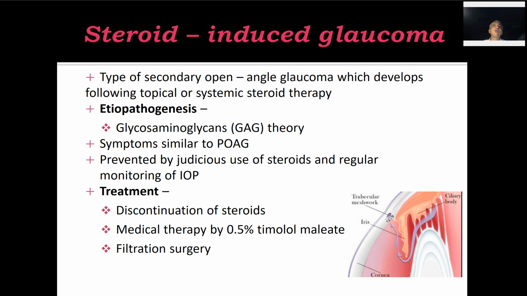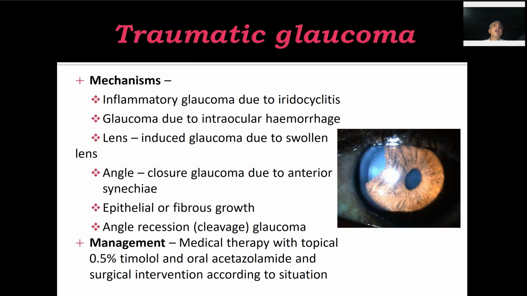This is typically seen in patients with vernal catarrh because they tend to have a lot of different antihistamines used, and eventually after being non-responsive to all these therapies, people put them on steroids and then they tend to get this entity and they can go blind because of this.